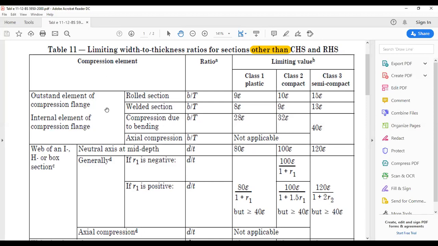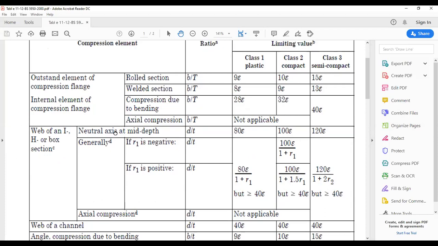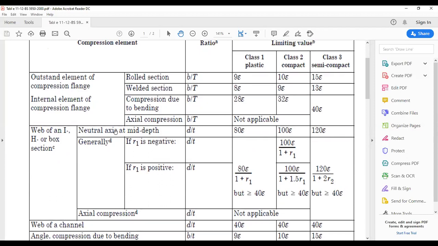Now, after classifying the flange, then you come to web section. You see, this is the web section. Now, normally, for a beam section, for example, the neutral axis lies at the mid depth.